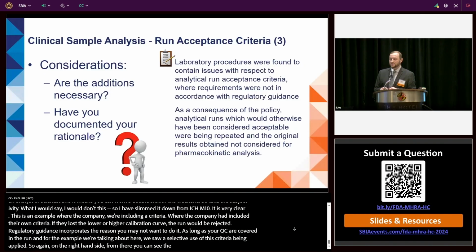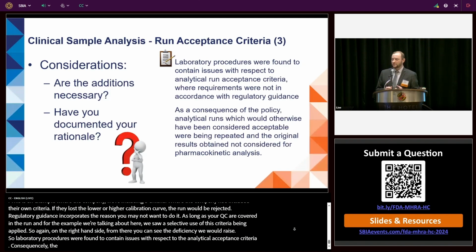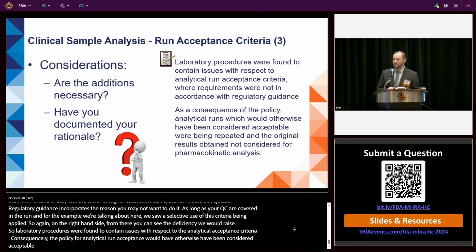Laboratory procedures were found to contain issues with respect to analytical run acceptance criteria where requirements were not in accordance with guidance. Consequently, and this is the part where we're talking about bias, analytical runs which would have otherwise been considered acceptable were repeated and the original analysis not considered for pharmacokinetic output at the end of the trial.